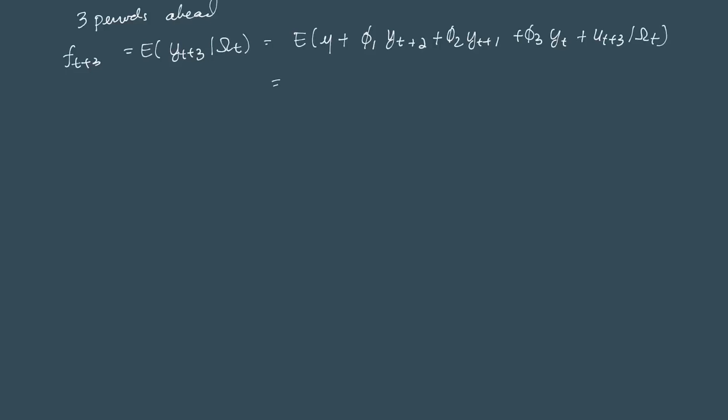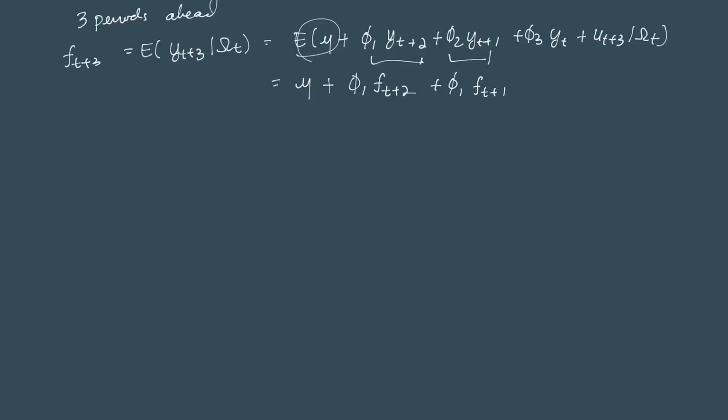Doing that conditional expectation, this one is just mu, plus the expected value of yt plus 2 conditional on omega t, which is our second forecast, our forecast for 2 periods ahead. For the 1 period ahead forecast, we can plug that in too, so that's ft plus 1.